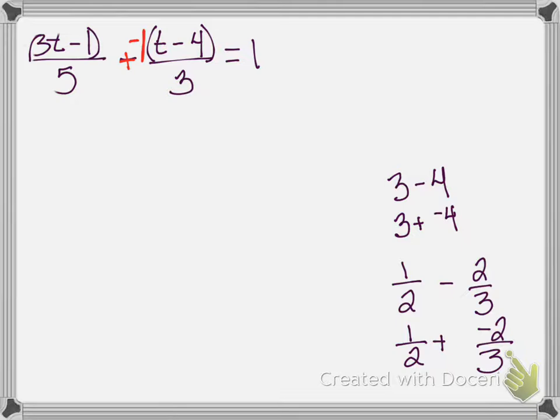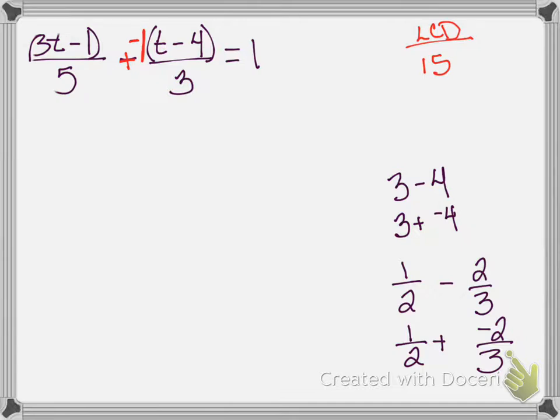That is going to help you not forget your negative. Now I still need my LCD. What's my LCD? 15. 5 and 3 is typically one you can look at and realize what your LCD is.